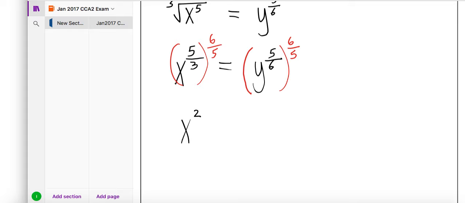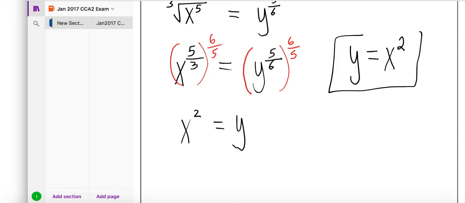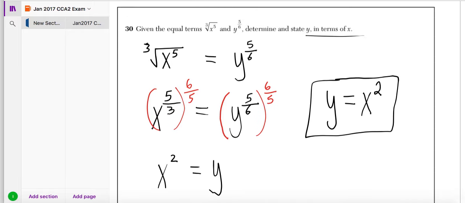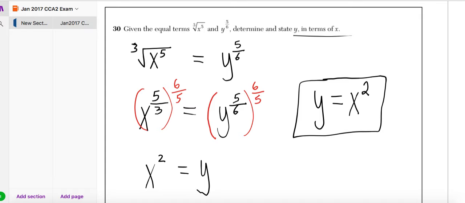So x squared equals y to the first, right? So our final answer is just y equals x squared. Okay? Nothing too complicated. So given the equal terms, determine and state y, which we did, in terms of x, which we did. So y equals x squared. That's it. Number 31.